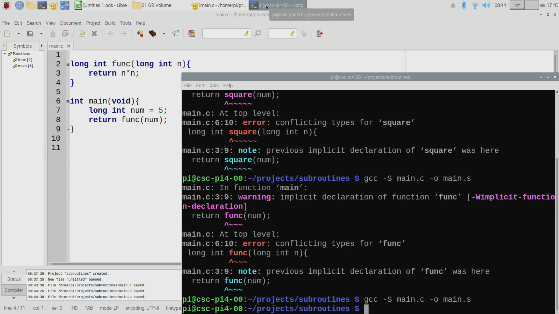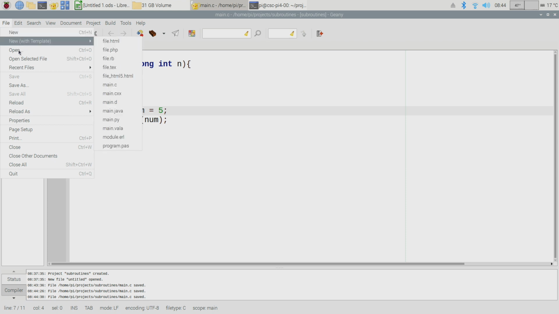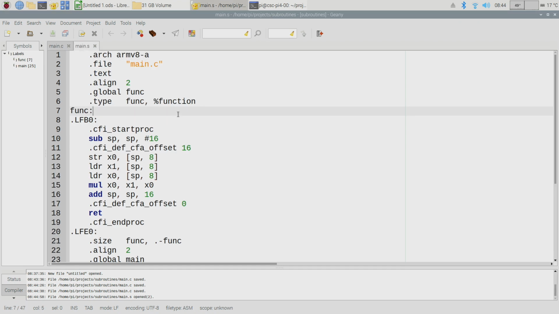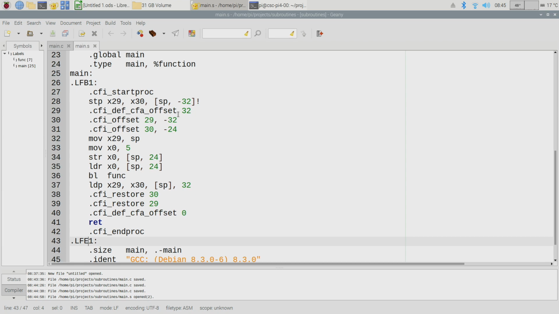All right, so let's look at the assembly that just got spit out by this thing. There's, of course, a lot of this stuff that's going to be kind of garbage that we can ignore, but let's look at what's the important stuff here. Okay, so where's the main routine?